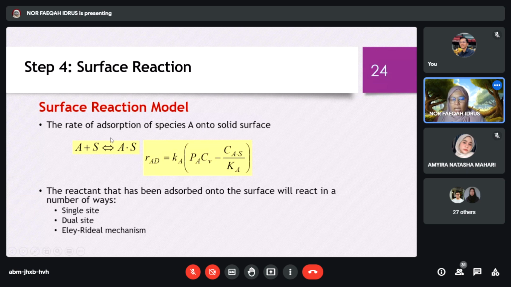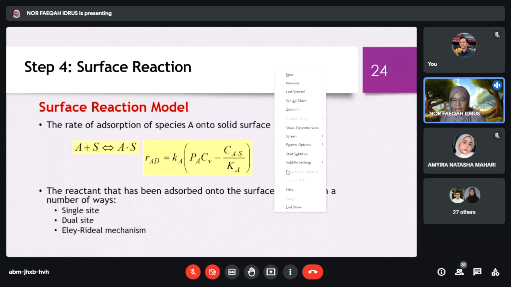So let's say from the adsorption step earlier, okay, 1A reacts with 1S to produce A dot S. So only one adsorbed species is involved in the reaction, meaning that we only have one reactant. And this is the net rate of adsorption. Then the adsorbed species will proceed to the surface reaction to form a product. The reactant that has been adsorbed onto the surface will react in a number of ways.